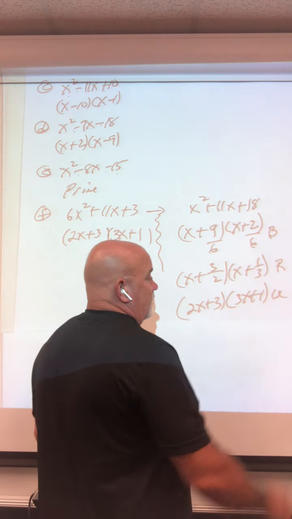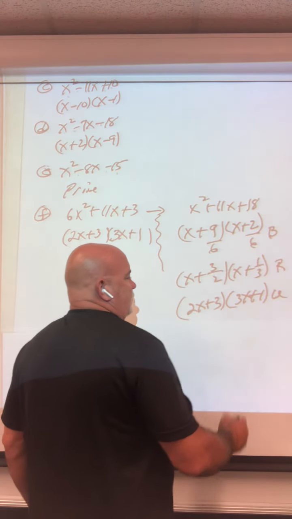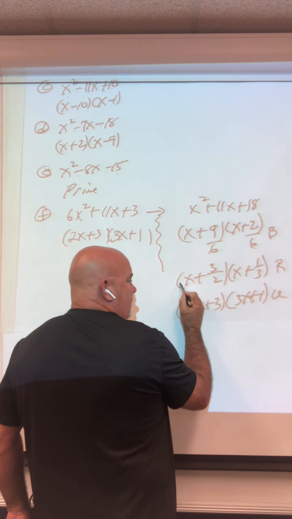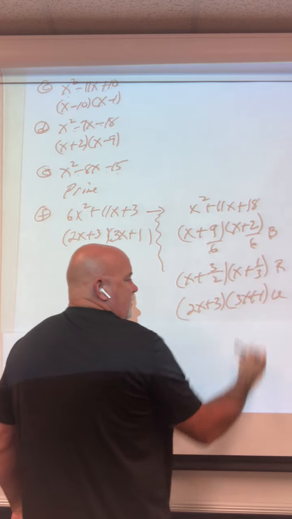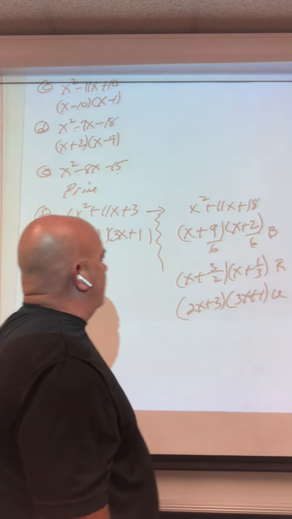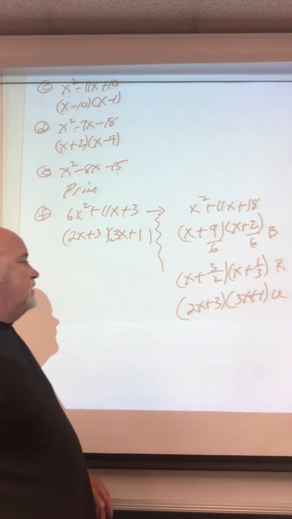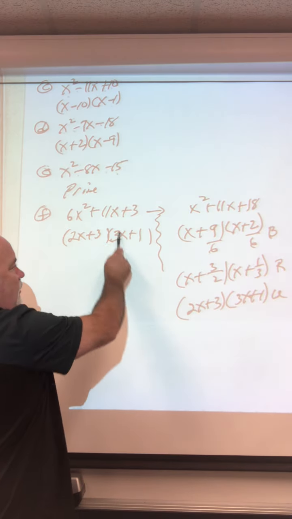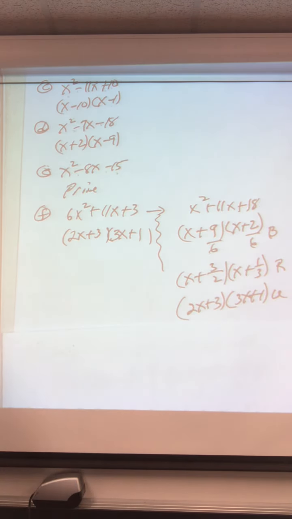Not 3, 1 over 3. Then the last letter is U, stands for up. So if you still have a fraction, bring this number up. And these are two binomials that multiply together to give you this. Now remember, the good thing about factoring is you can check any answer simply by multiplying it out, and it should take you right back to where you started. Okay?